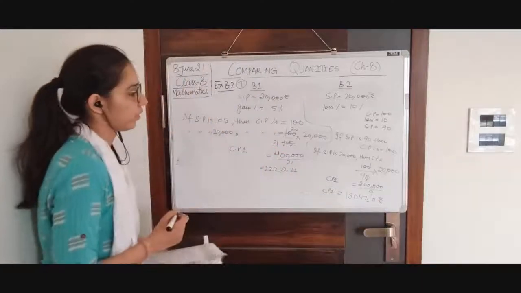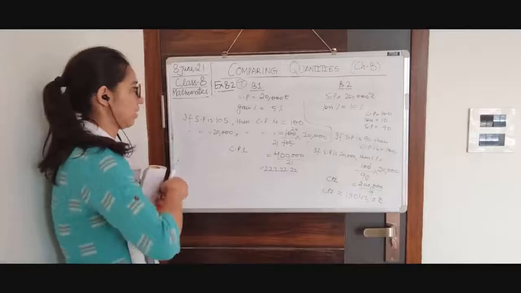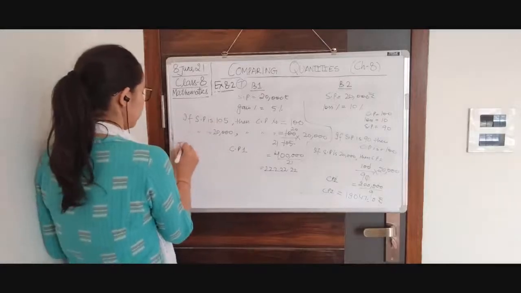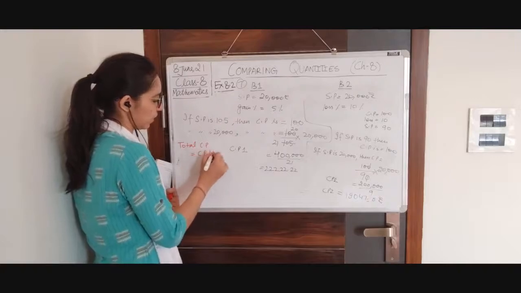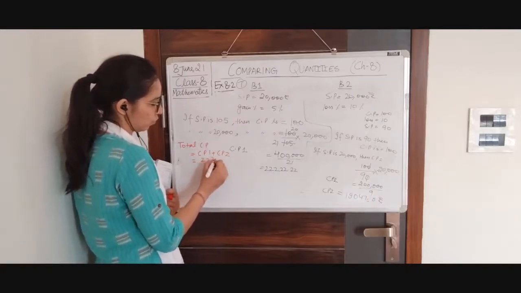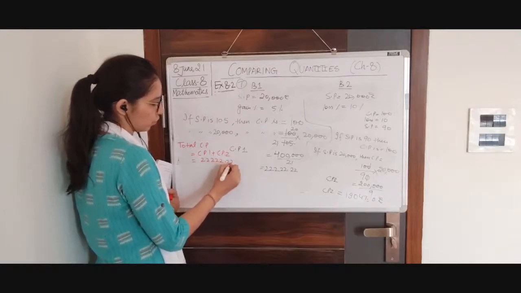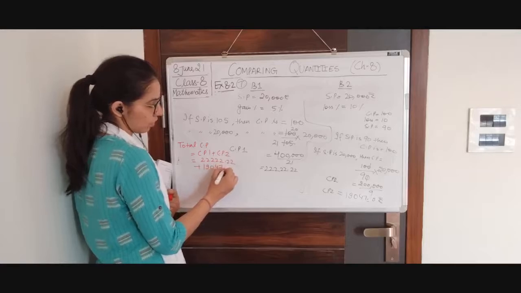So your total CP will be CP1 plus CP2. It means 222.22 plus 19047.6.